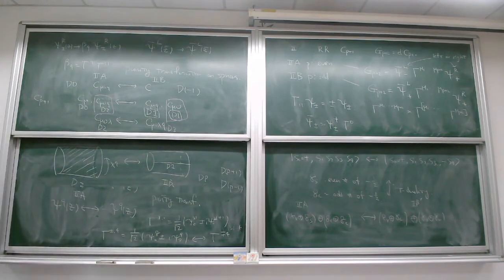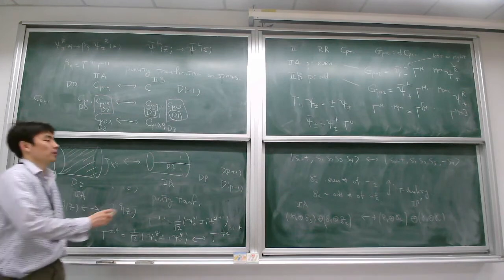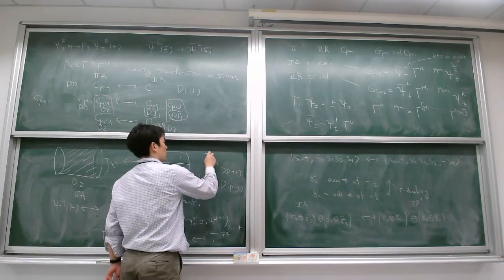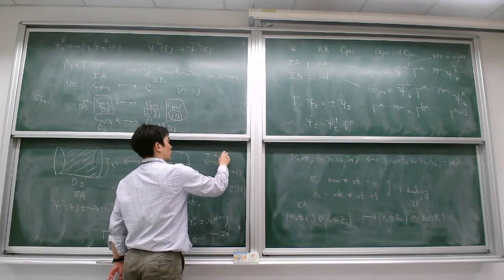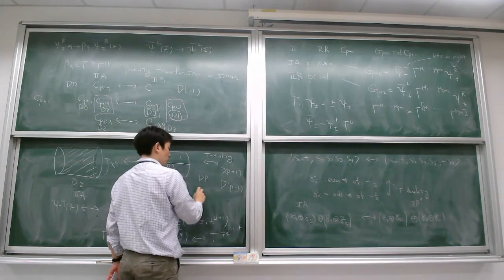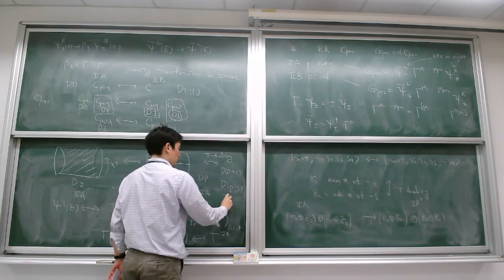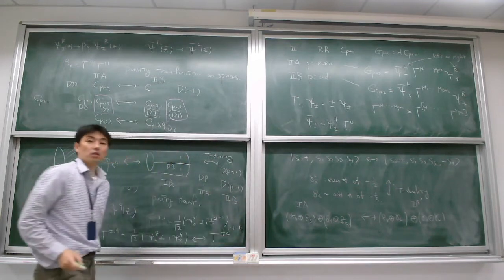Okay? So that's how they behave under T duality in type 2A and type 2B. So that's what's going to happen.